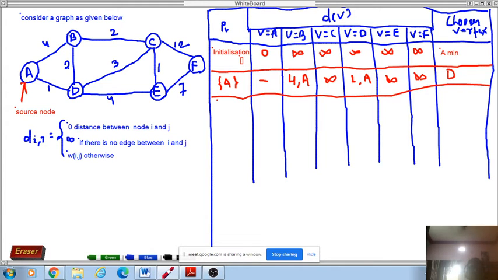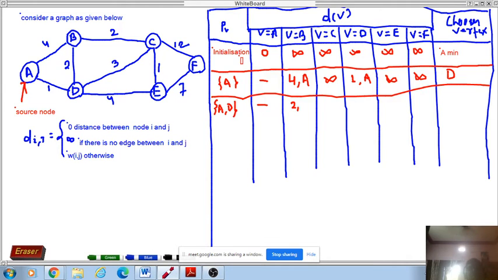Next. I started from A, which I have visited. Second, I consider D because I chose the vertex D. Clear? Now I am choosing the vertex D. The first one I visited, so I have not taken this. Is there any path from D to B? Yes, D to B exists. How much? This is 2.